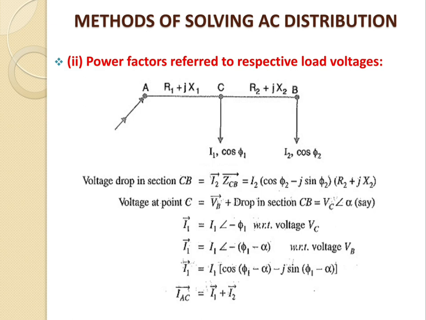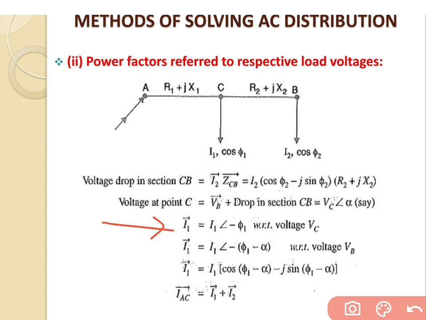Same way, we can go for the voltage drop in the CB section, which is given by I2 ZCB, that is equal to I2 (cos phi 2 minus j sin phi 2) in the bracket into (R2 plus jX2). I2 is equal to I2 with an angle of minus phi 2, because based on the diagram the current lags behind the voltage by some angle, which we can see in the second vector diagram.